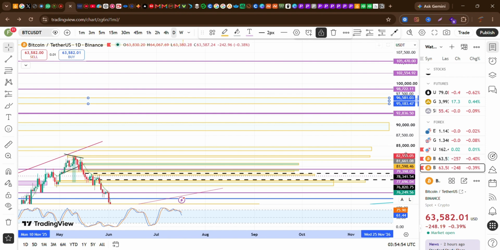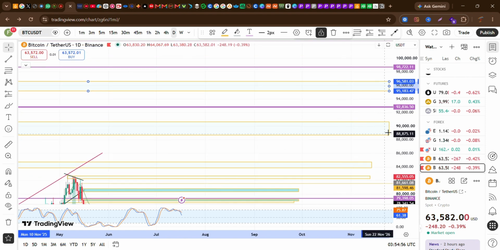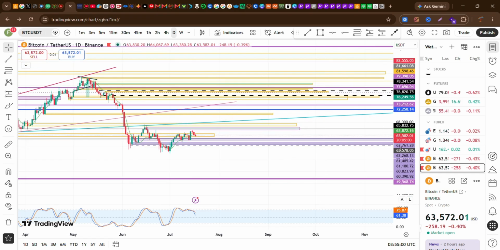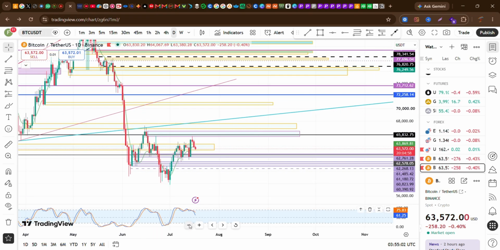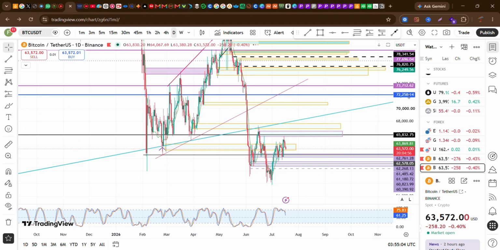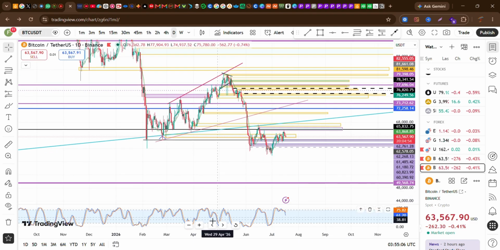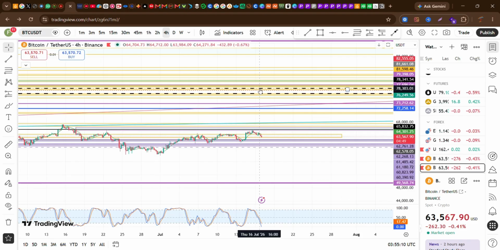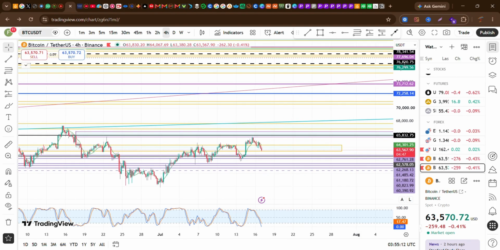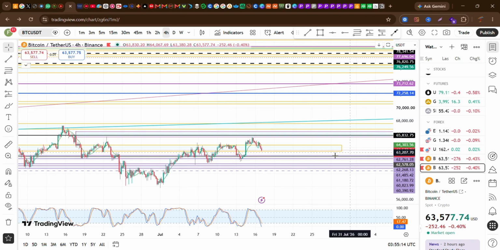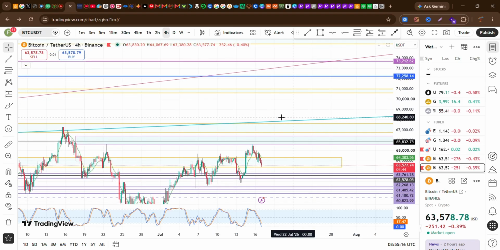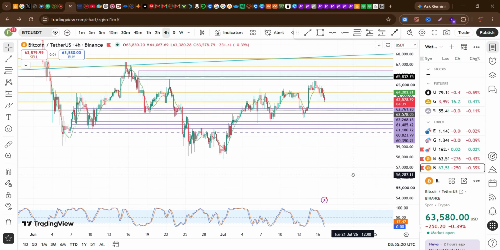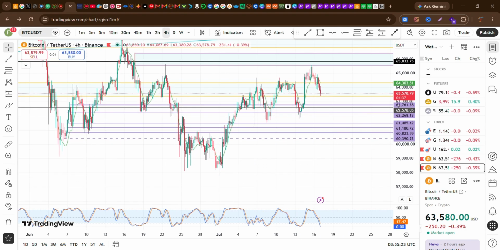So when you already have these things in place, it's going to be easier for you to read the market. You're just going to flow with the market instead of running helter skelter and trying to do things at the wrong time. So you need to be prepared. That's what trading is all about. You need to be prepared.